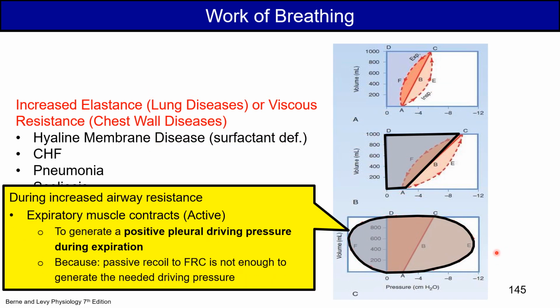Now, during expiration, the expiratory muscles now need to contract to counteract the frictional resistance during expiration, because the elastic recoil of the lungs back to FRC is not enough to generate the necessary driving pressure to propel air out against an increased airway resistance.